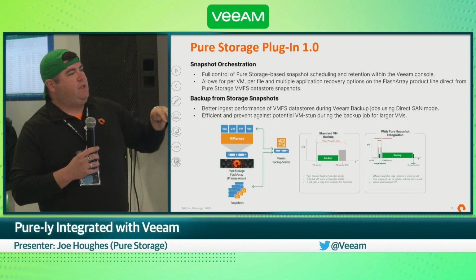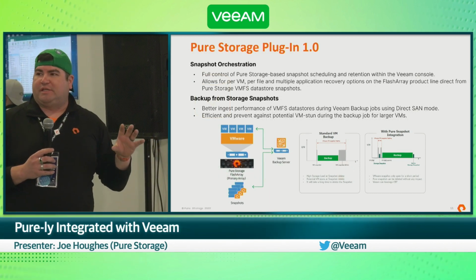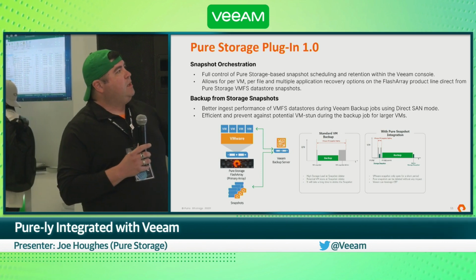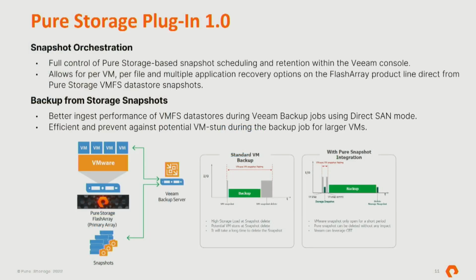So with the USAPI, right, Universal Storage API plugin version 1.0, you essentially had snapshot orchestration and backup from storage snapshots. That was it. Really what we're trying to get to is this here, right? Instead of having stun on a standard VM backup where you would see the snapshot and you would take a long window for a backup and then a deletion of a snapshot that could potentially stun your VMs, you take a storage snapshot at the front, so the VM snapshot lifetime is measured in milliseconds.